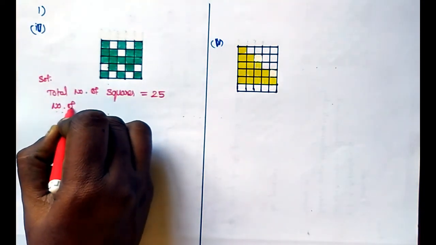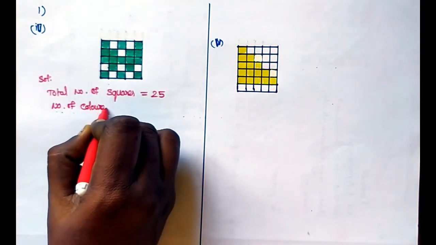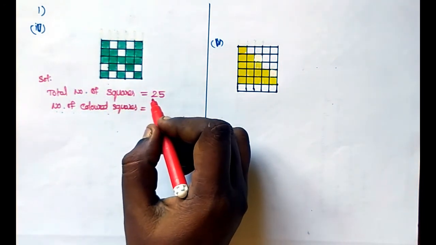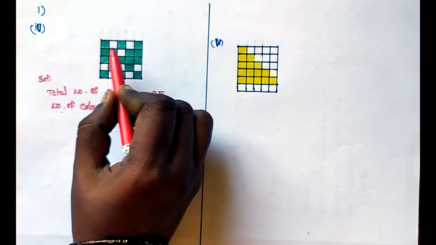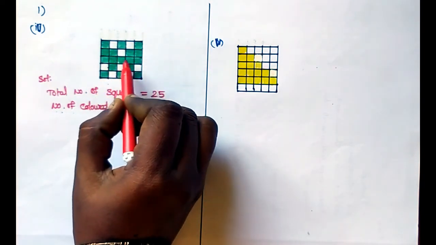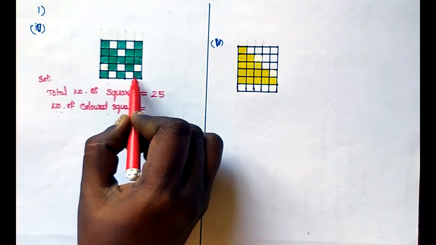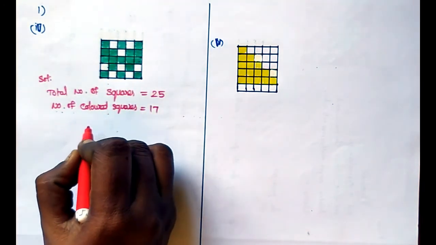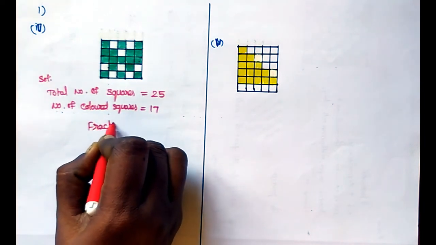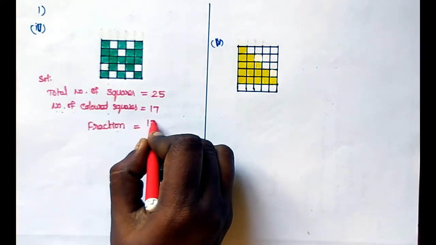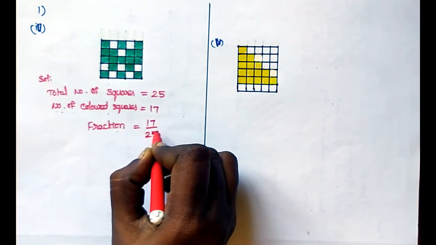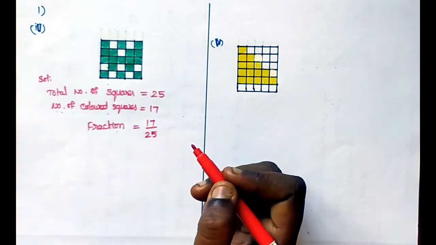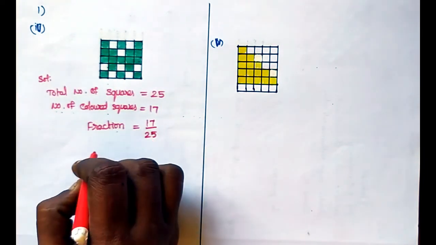Now the number of colored squares is 1, 2, 3, 4, 5, 6, 7, 8, 9, 10, 11, 12, 13, 14, 15, 16, 17. So 17 were colored. Now in fraction, out of 25, 17 were colored, so 17 by 25.